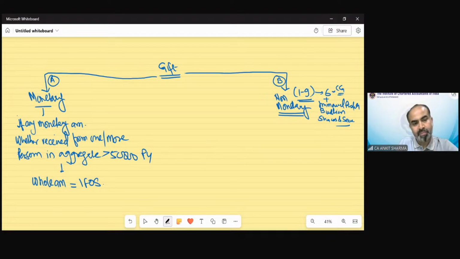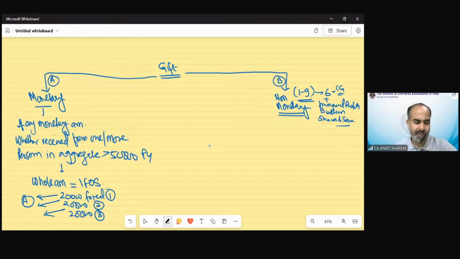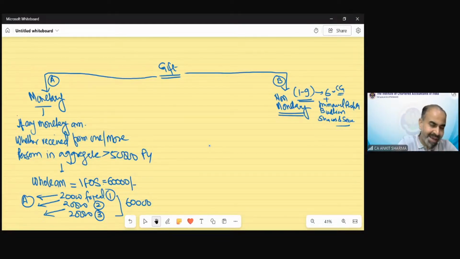For example, Mr. A received 20,000 from his friend, then 20,000 from another friend, then 20,000 from another friend on different dates of a year. So in aggregate in this previous year, he received 60,000 and 60,000 is exceeding 50,000. So how much would be my income from other source in this example? Full 60,000 would be my income from other source.